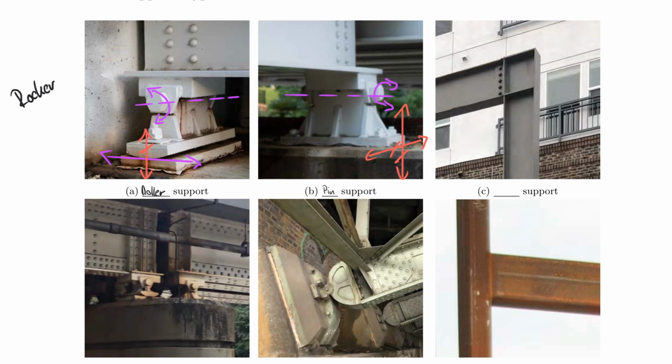And now you guessed it, the last one here is called a fixed support, because in this case, all our degrees of freedom are prevented, right? So for example, this direction cannot move, it's restricted. Then also it cannot move up and down. And in this case also, because of these bolts here, which connect this beam to, let's call this here the support, right?